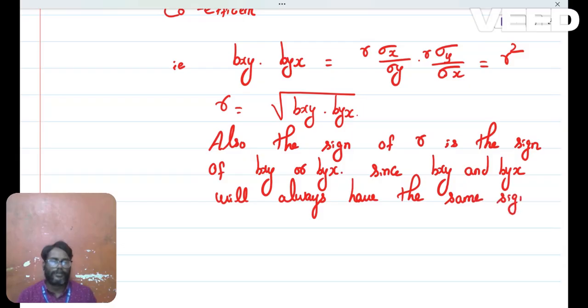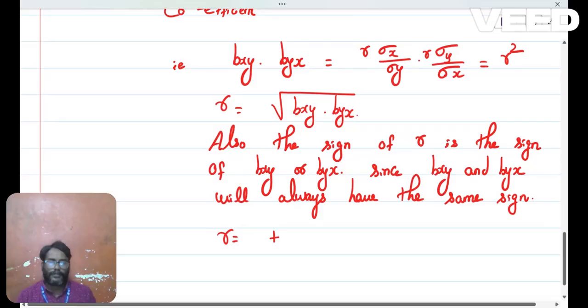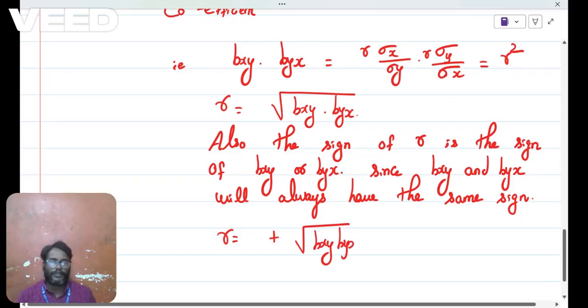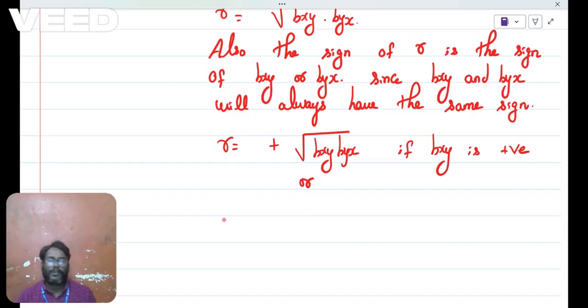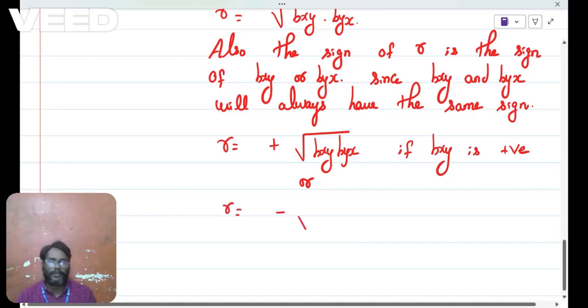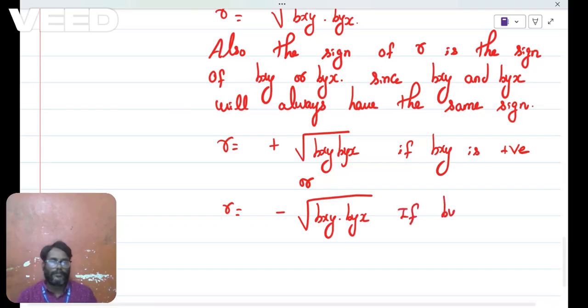So we can use any one of the signs. That is, r is equal to plus square root of b of xy into b of yx if b of xy is positive, or r is equal to minus square root of b of xy into b of yx if b of yx or b of xy is negative.